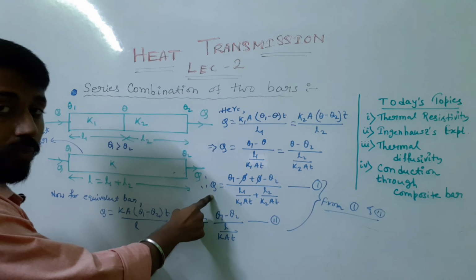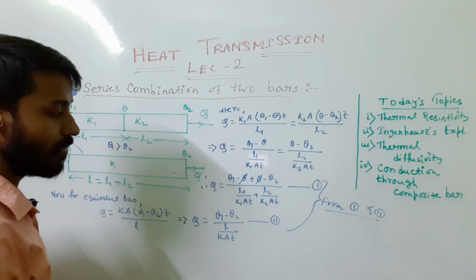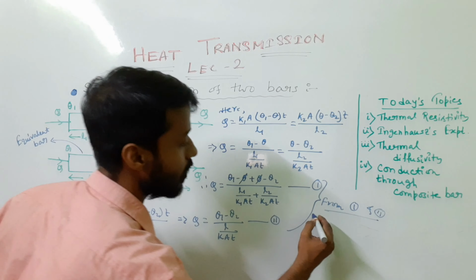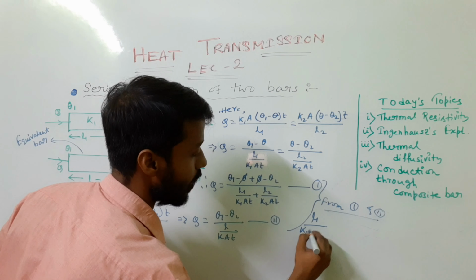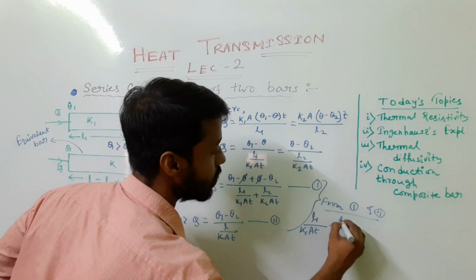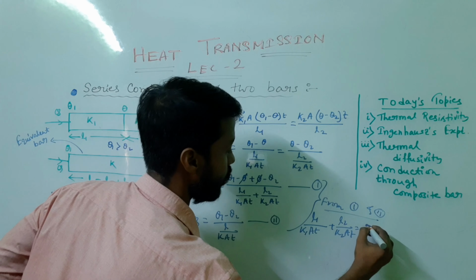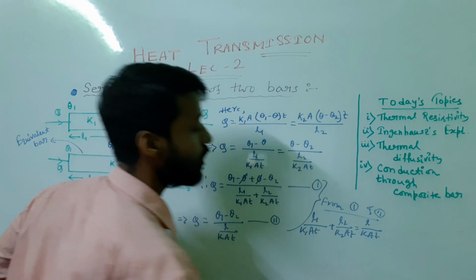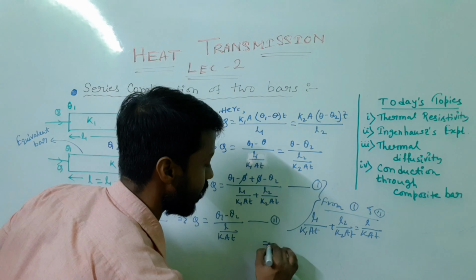See, Q are same, theta 1 minus theta 2 are same. Then this lower part will be equal to this lower part, that is L1 by K1 AT plus L2 by K2 AT will be equal to L by KAT. We need to find K, so simply AT gets cancelled out.